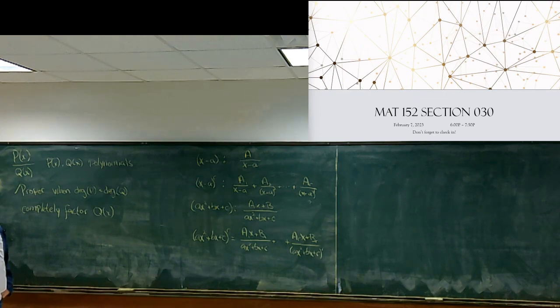You sum up all of your contributions. E of x over q of x is equal to that. Multiply both sides by q of x. And then you can solve for your constants.